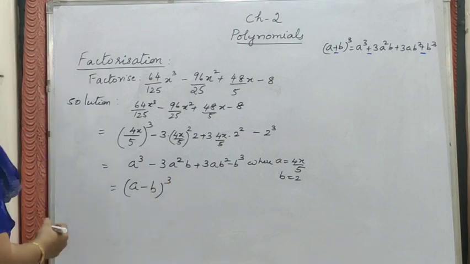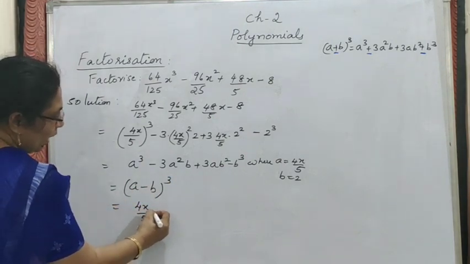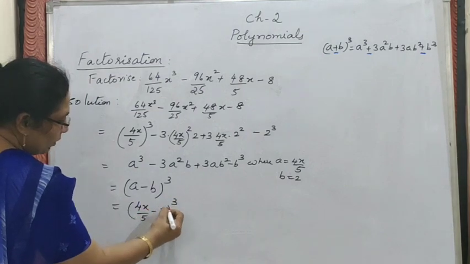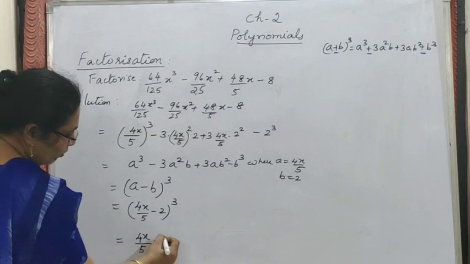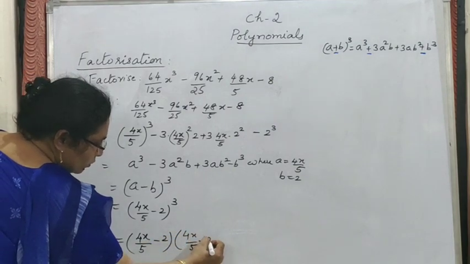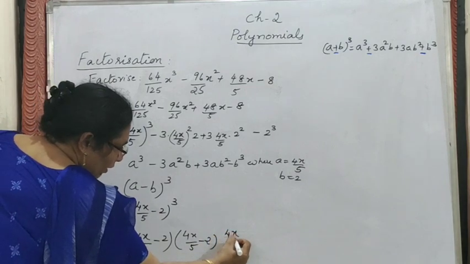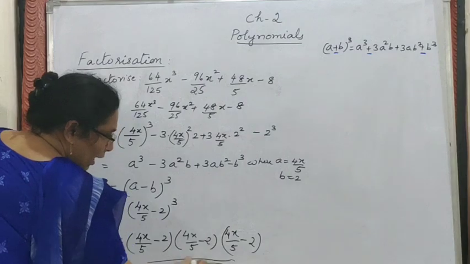A minus b whole cube. So what is a? 4x by 5 minus 2 whole cube. That means we should repeat the bracket 3 times: 4x by 5 minus 2, 4x by 5 minus 2, 4x by 5 minus 2. This is the answer.